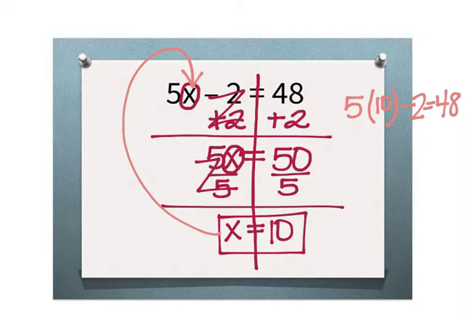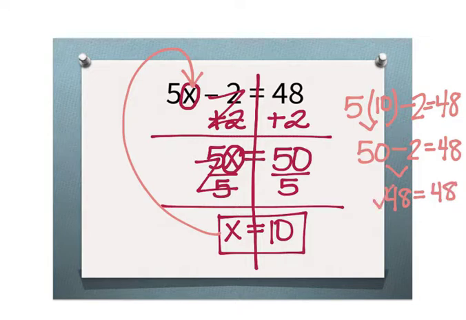We're going to follow regular PEMDAS here. 5 times 10 is 50. I'm going to bring everything else down. Minus 2 equals 48. 50 minus 2 is 48. And look at that. 48 equals 48. That is true. That means my answer of x equals 10 is correct. Always a good idea to check your work.